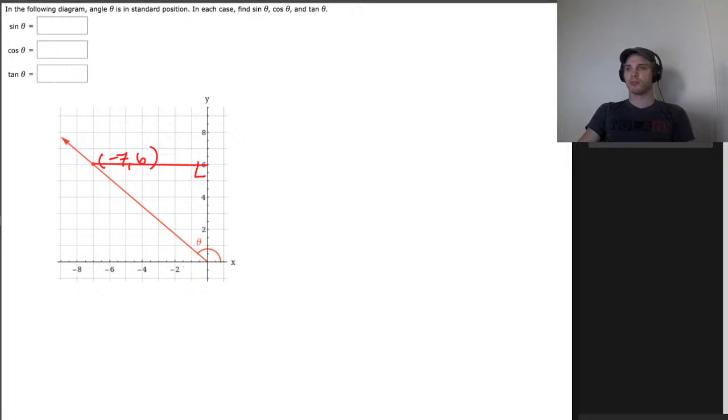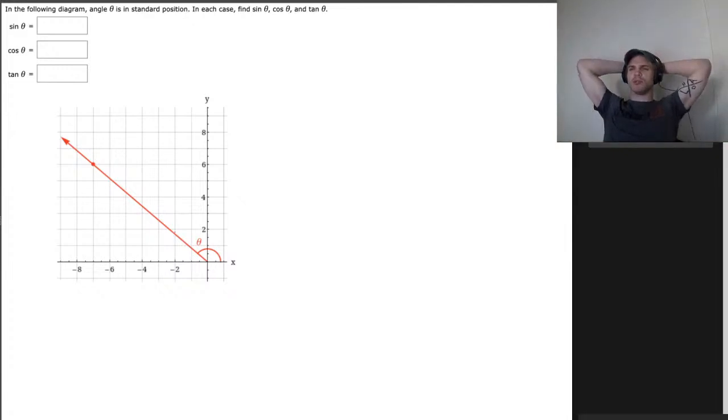So the opposite side will be the x, so that's -7, and then the adjacent is 6. Actually, let me think through that clearly. Which angle do I want to do?